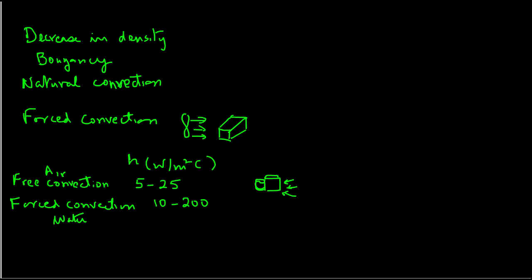Now, in case of water, for free convection, the value of H is from 20 to 100 watts per square meter Celsius. And for water, in case of forced convection, the value of H varies from 50 to 10,000 watts per square meter Celsius. In other words, anytime you use, for example, a pump to move that water on a heated surface, you will have a significantly higher rate of heat transfer.